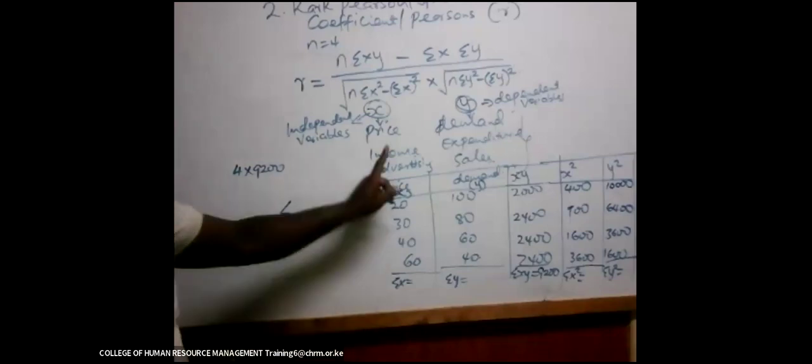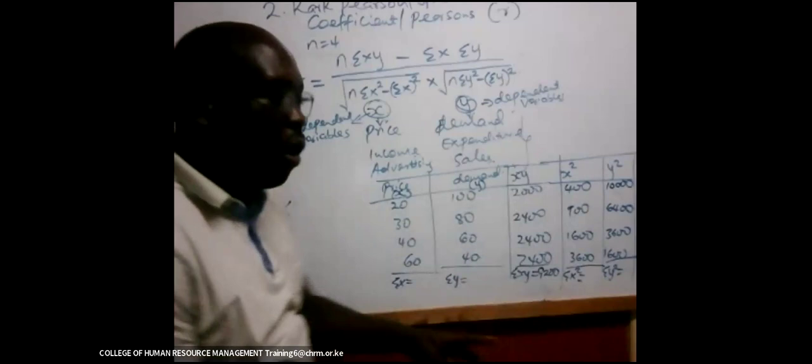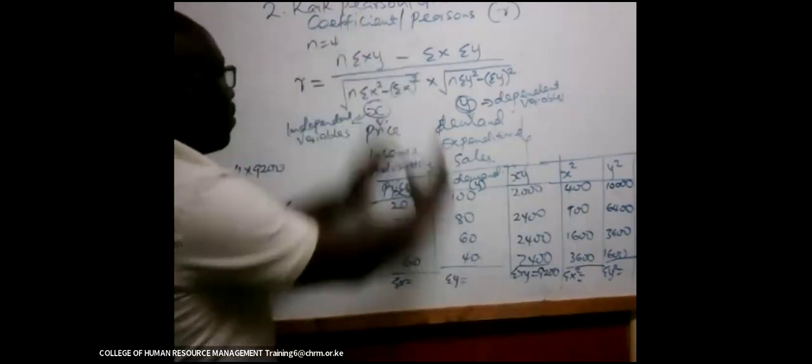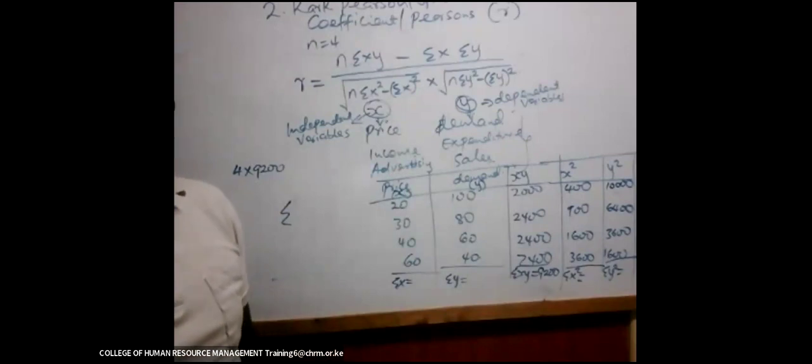Then at the bottom, you do the summation for each and every column. Then you transfer the totals and place them in the formula. Are we together, Millicent?